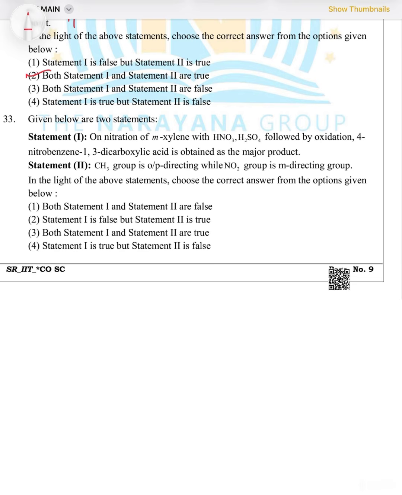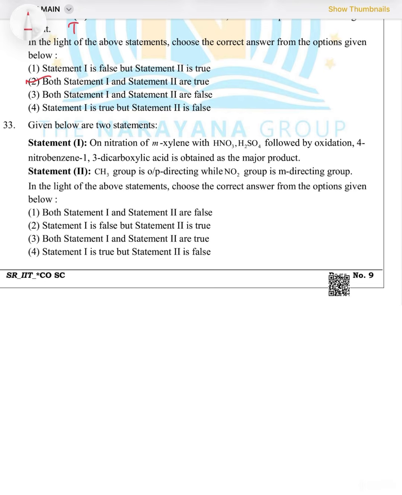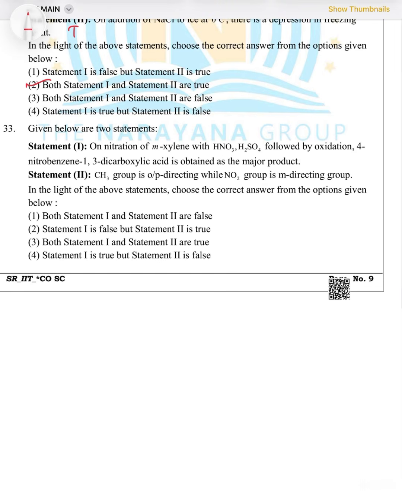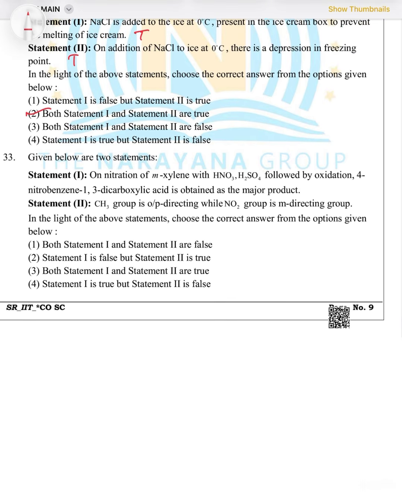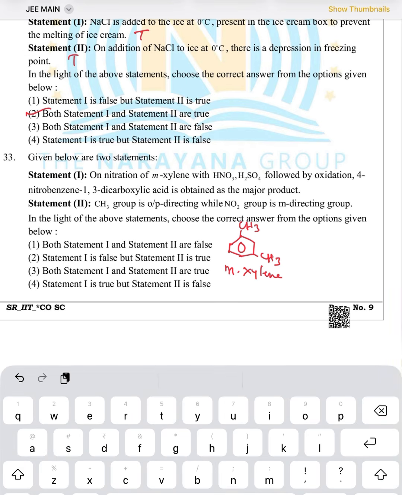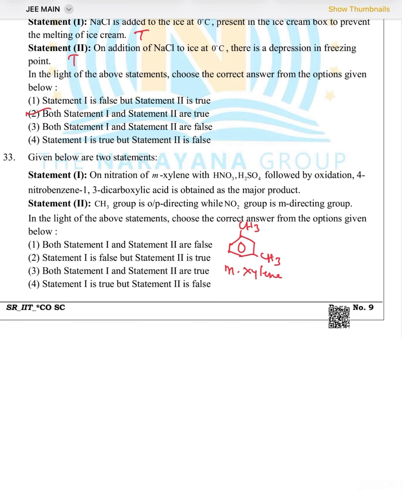First, metaxylene, let us take metaxylene. 1,3-dimethylbenzene is called metaxylene, which is treated with nitration mixture. Nitration mixture is nothing but concentrated HNO3 and H2SO4.